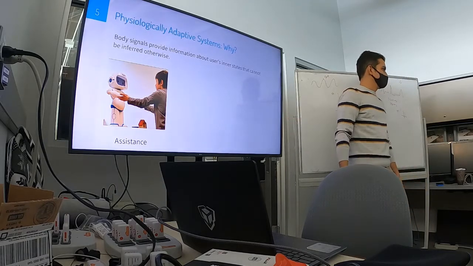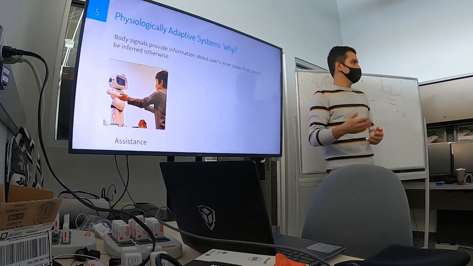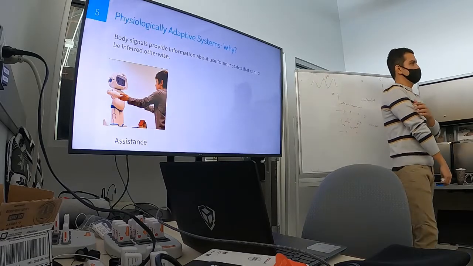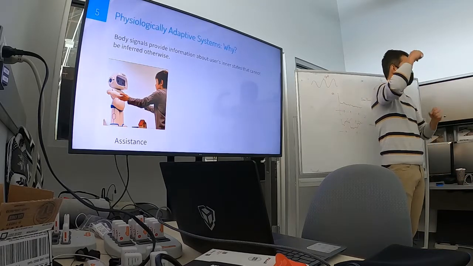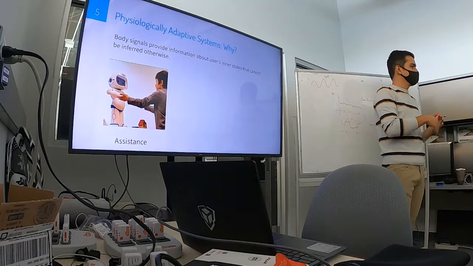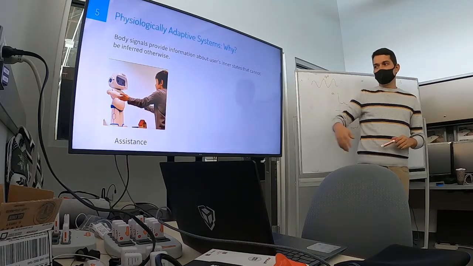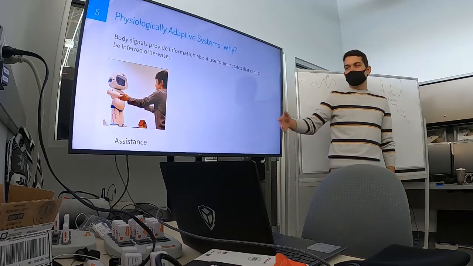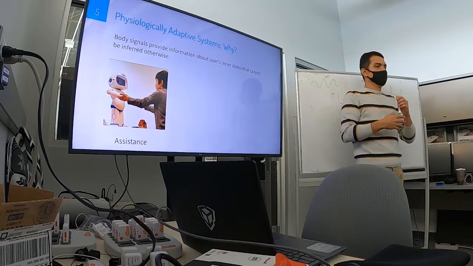So assisting people. I've seen a lot of interesting applications in rehabilitation, for instance, detecting muscular fatigue, and then reducing the level of challenge of the physical activity when they are doing rehabilitation. Unfortunately, there are not a lot of examples of robot-assisted therapy that is physiologically adaptive.